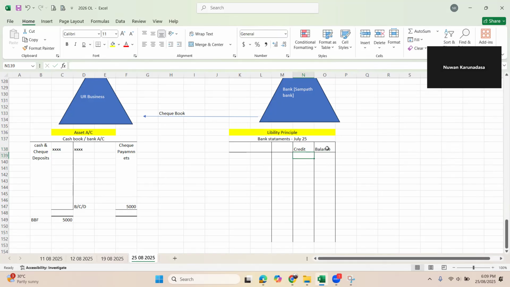Here, the balance goes up with credit. And here you can see the description. This is the general format of the bank statement. All the deposits, which we debited as increases in balance, the bank will do the opposite of that. That means all the deposits will be credited.